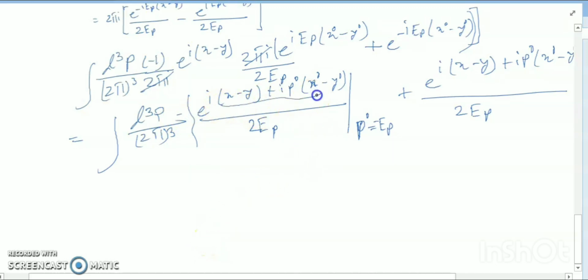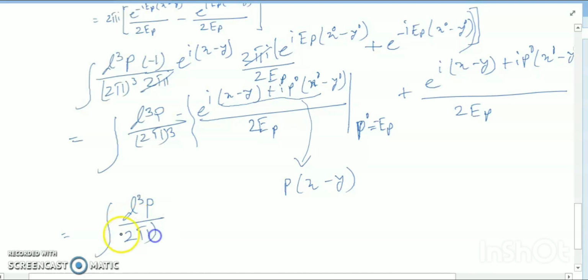So I can write this equation in this way, that d^3p divided by (2 pi) whole cube is equal to 1 by 2 ep into e to the power i p·(x minus y).